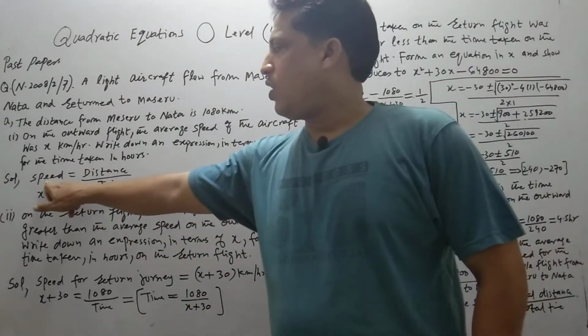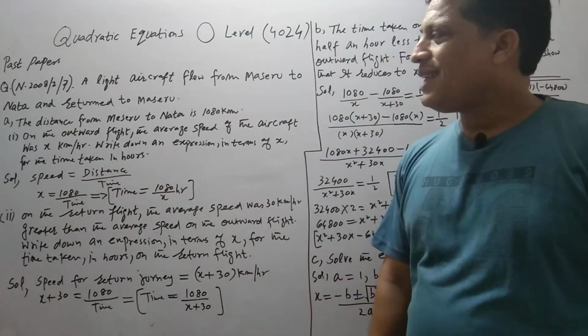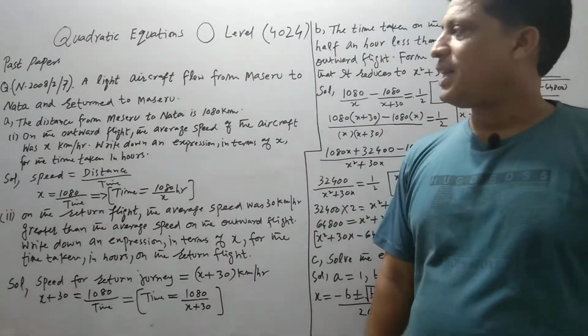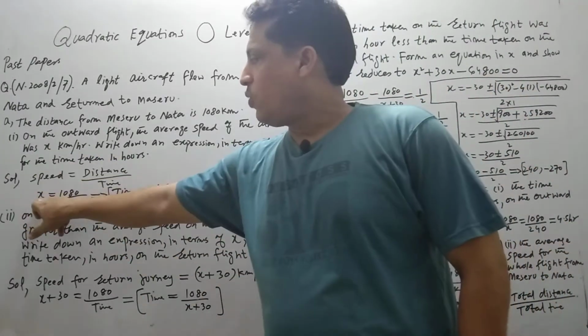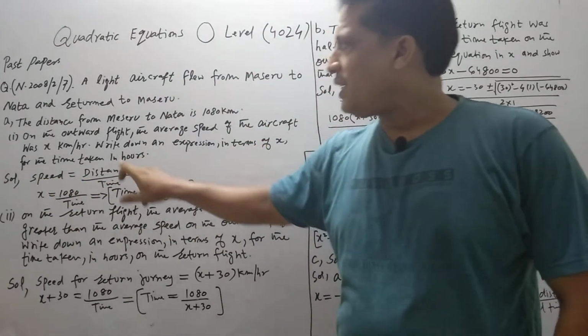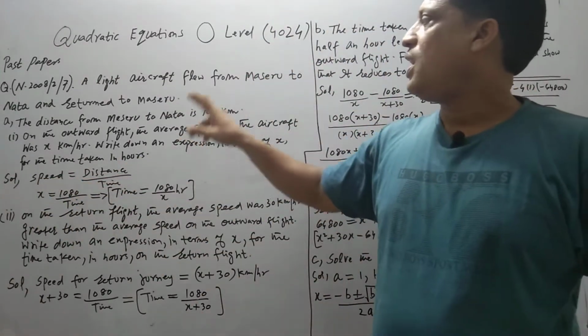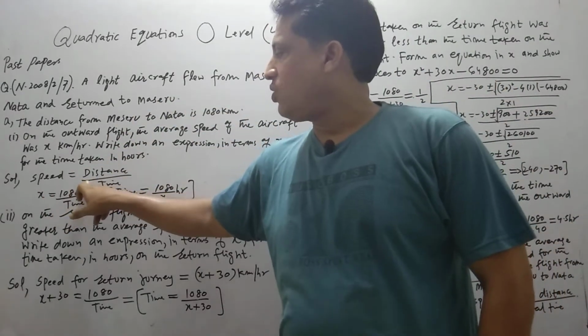We must know the formula of speed: speed is equal to distance upon time. In part 1, the outward speed is x kilometers per hour, so replace the speed by x. The distance is given, which is 1080. So x is equal to 1080 upon time.